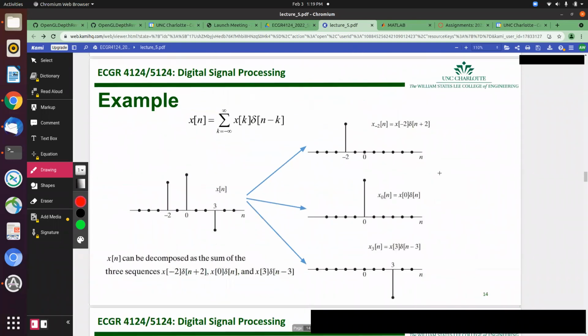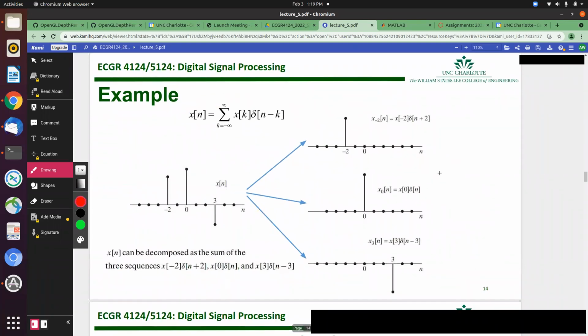All right, let's talk a little bit about how we break down a signal. You can take a function x and break it down into a sum of delta functions. In this case, we've got a function that has a non-zero value at n equal to -2, a non-zero value at n equal to 0, and a non-zero value at n equal to 3.